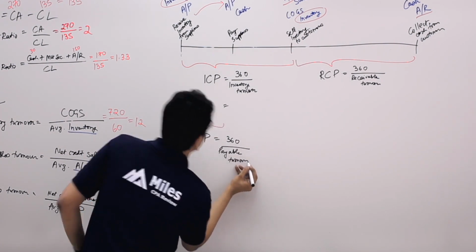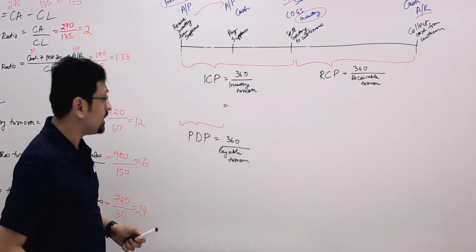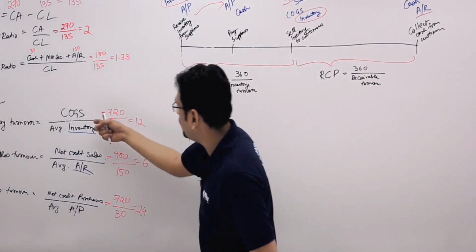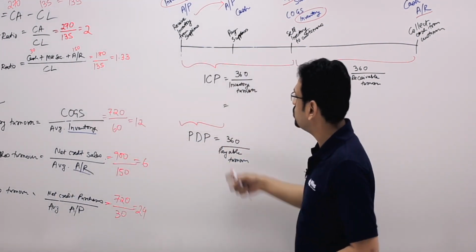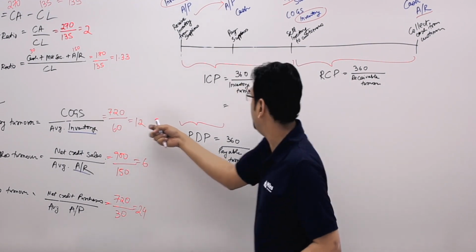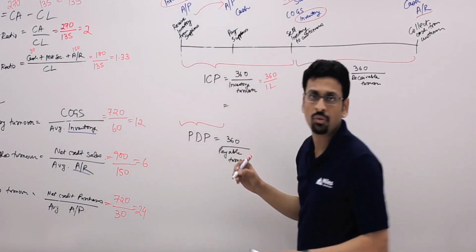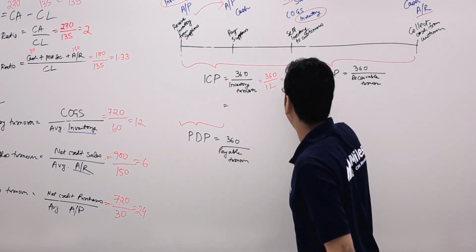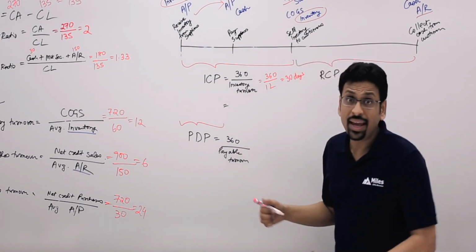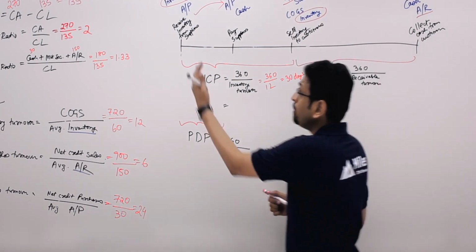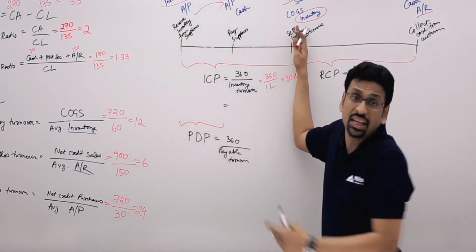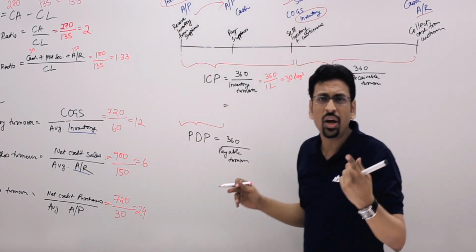If I'm looking at my inventory conversion period using the numbers that we have generated here, inventory turnover was 12. So 360 by 12 gives me 30 days. So it takes me 30 days from the point I buy the inventory for me to sell it. Guys, do you understand?